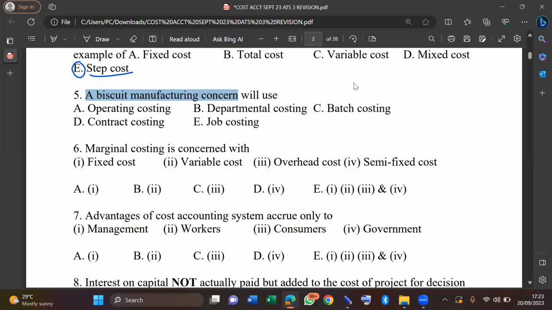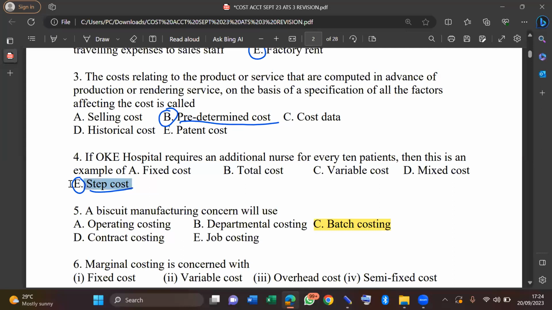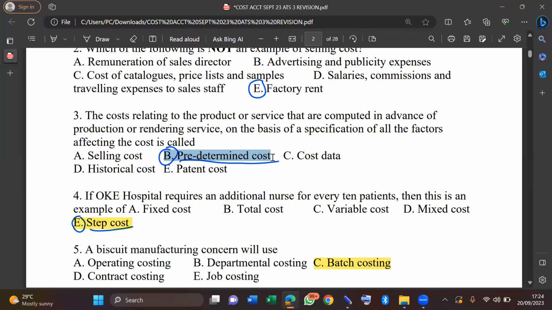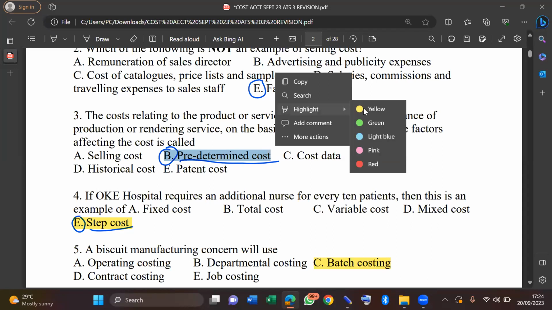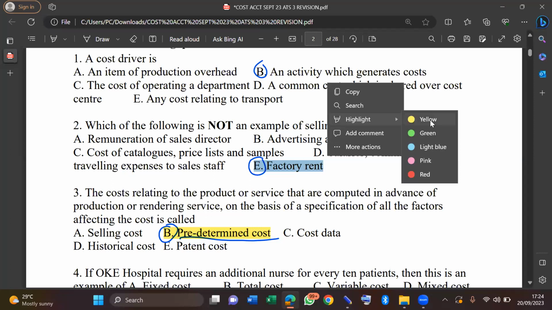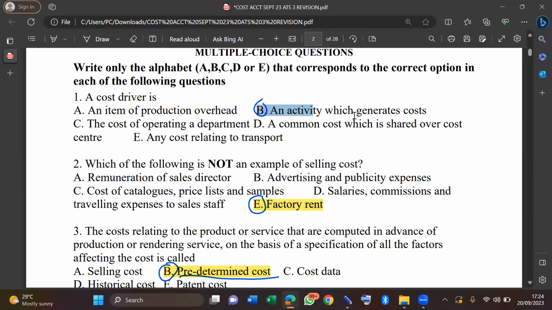So don't think concern with. A biscuit manufacturing concern as usual means a biscuit manufacturing company. And they will be using batch costing, because every production in a manufacturing organization is done in batches. All production is done in batches.